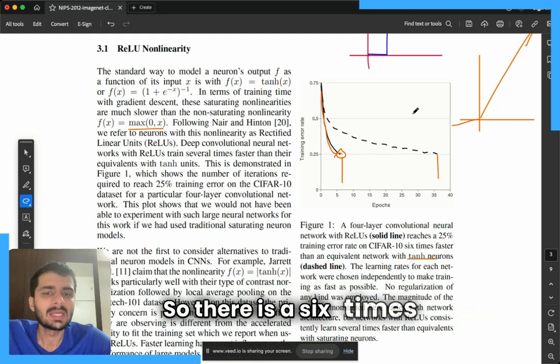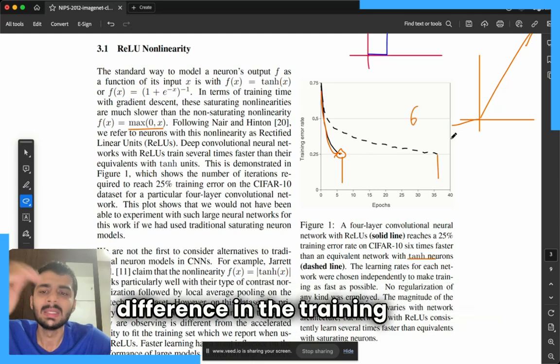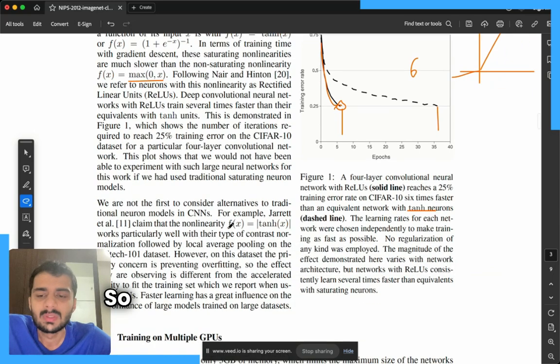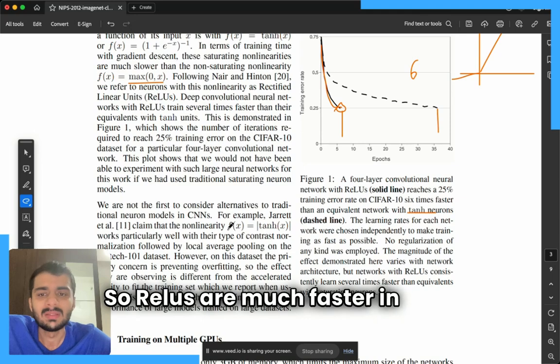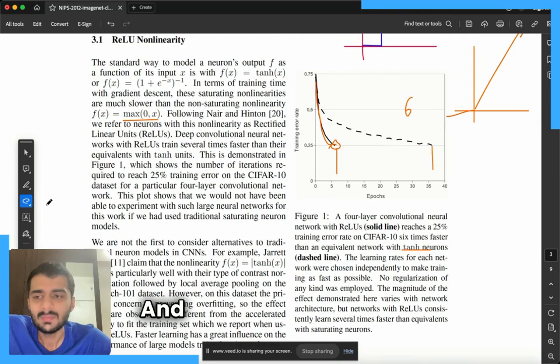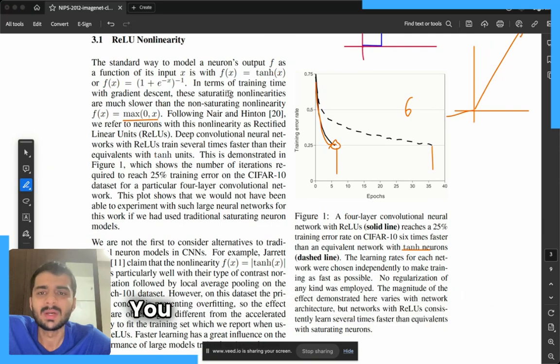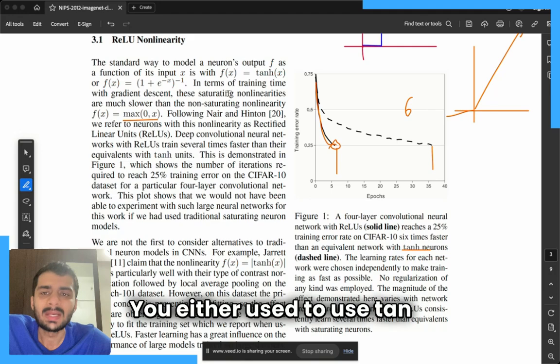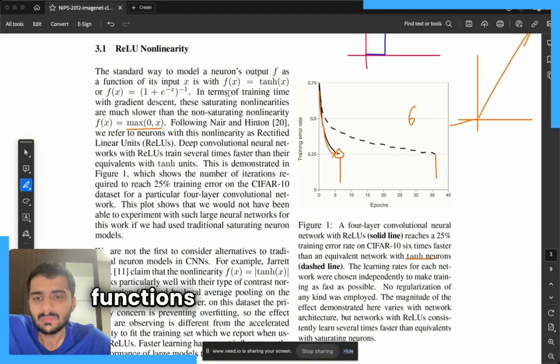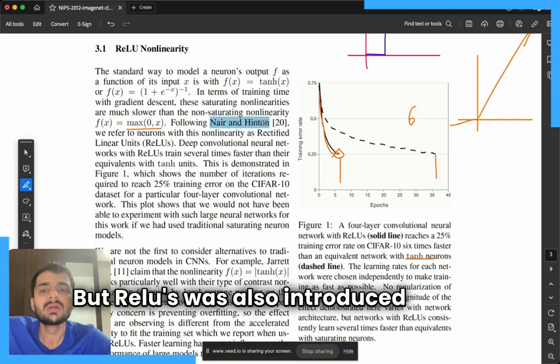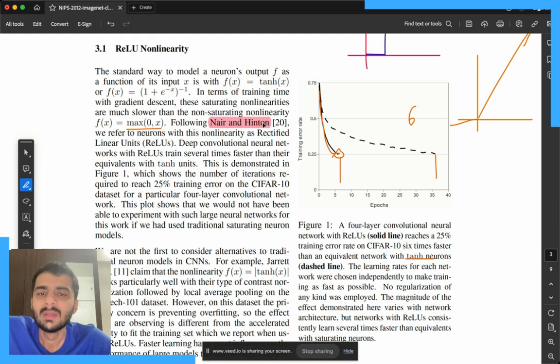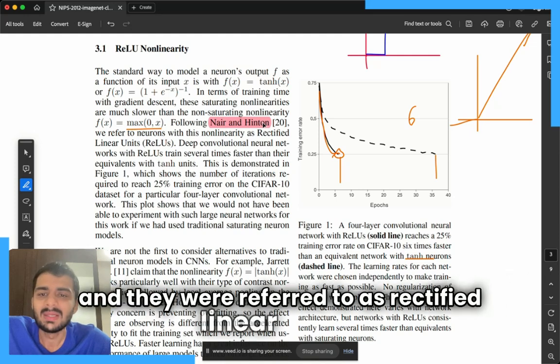So there is a 6 times difference in the training rate. ReLUs are much faster in their experience, and at that time I believe ReLUs were not very popular. You either used tanh functions or some other activation functions, but ReLU was introduced by Nair and Hinton, and they were referred to as rectified linear units.